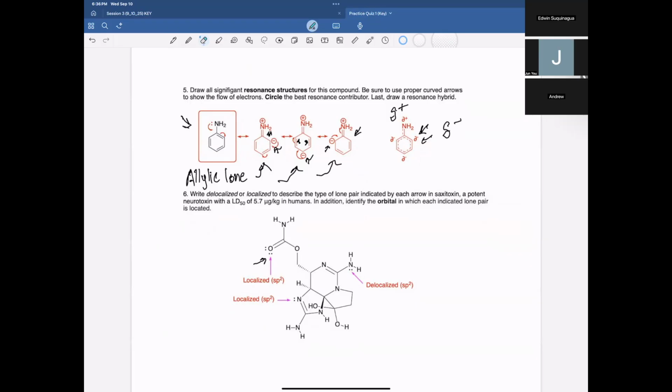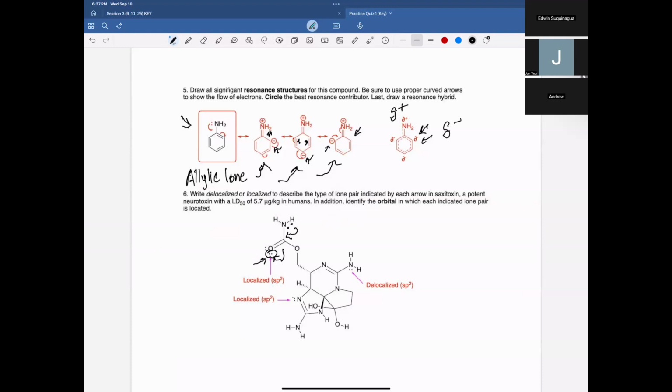Because can't you take the electrons on the nitrogen and do an allylic lone pair, make a double bond, and take the double bond? Okay, what you're saying is this, and then that? Yeah. Well, that might be possible, but these electrons themselves are not participating in that pattern. They do not have any resonance possible with those.